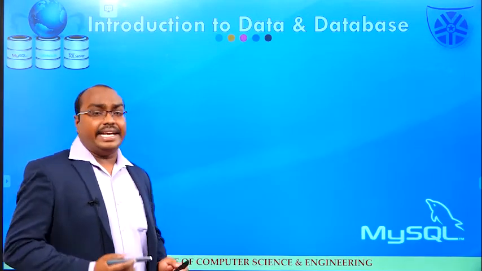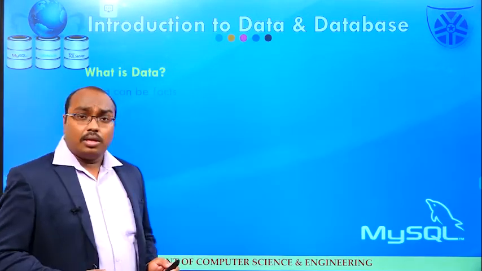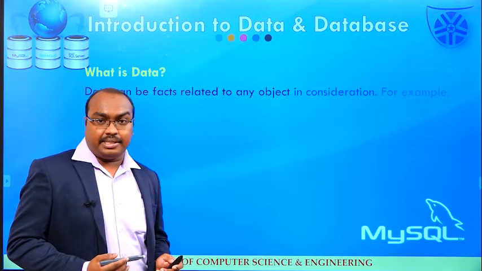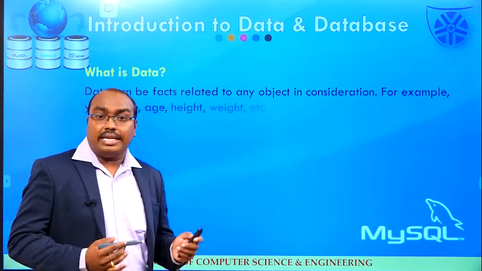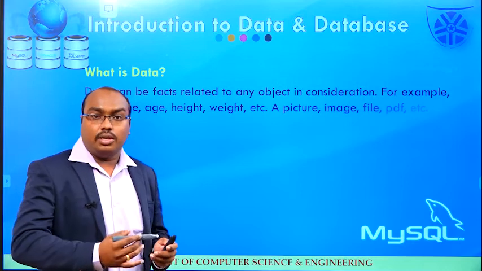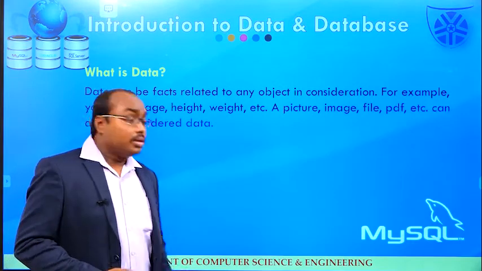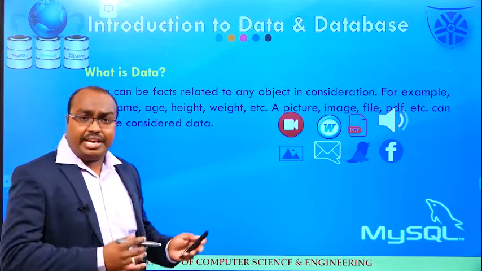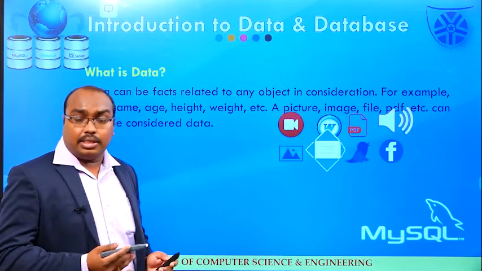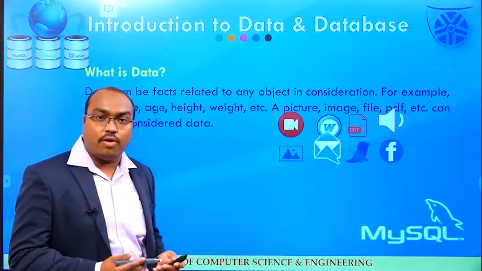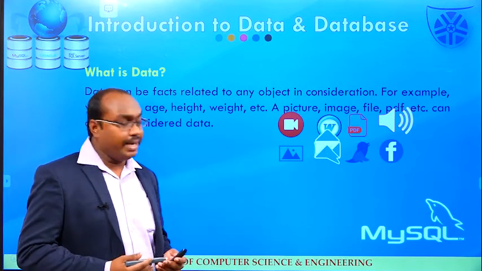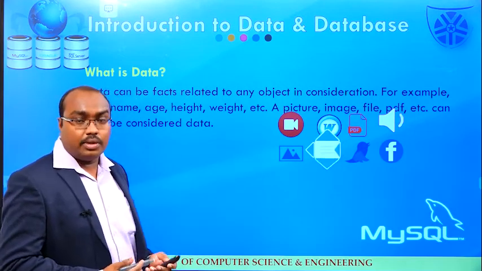So what is data? Generally, data means a fact or real world entity to be stored. The data can be in any format, like normal text format, audio format, image format, and number format.